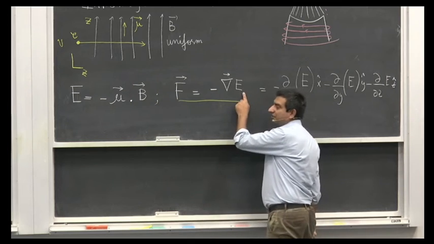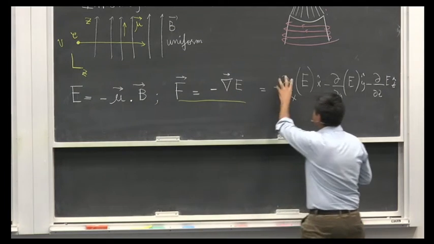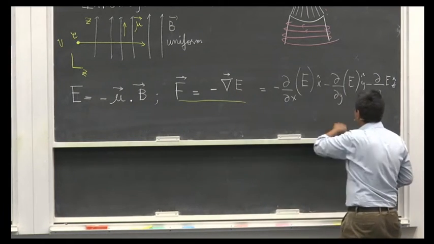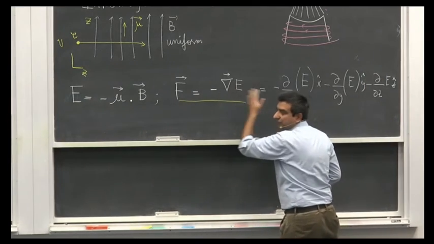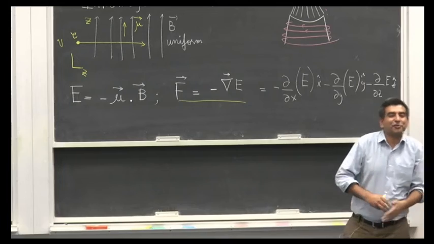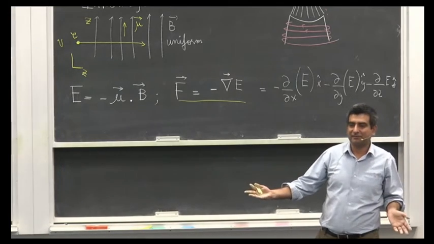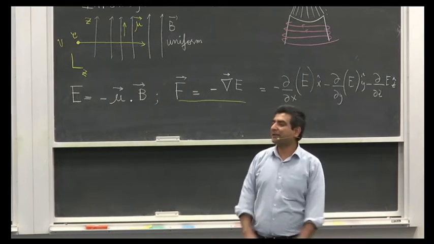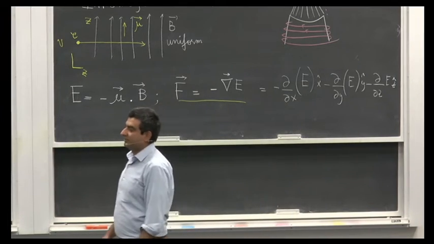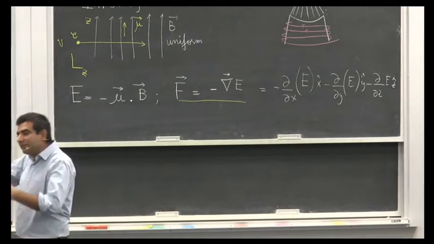Well, if I have energy, I can take the derivative with respect to space, x, y, z, and that will give me the total force. Now, if something is not changing with respect to space, it's the same everywhere, then the derivative with respect to x is 0, derivative with respect to y is 0, with respect to z is 0.